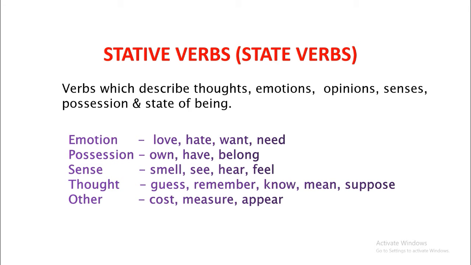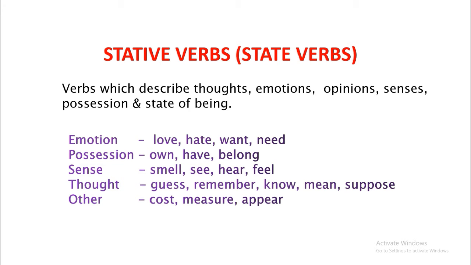Next one is stative verbs, or we call them state verbs. The difference between state verbs and action verbs is action verbs describe an action, but stative verbs do not describe an action. Instead, these verbs describe thoughts, emotions, opinions, senses, possession, and the state of being.